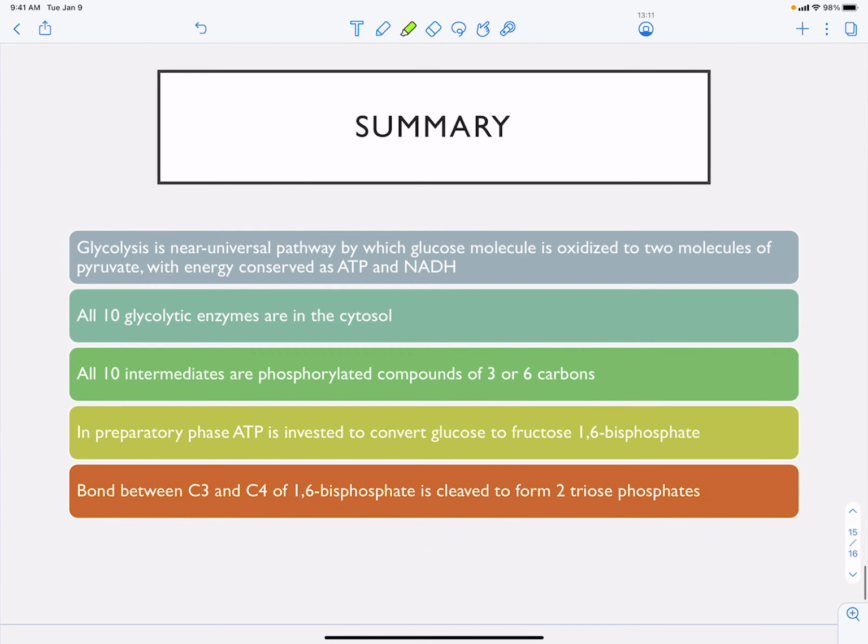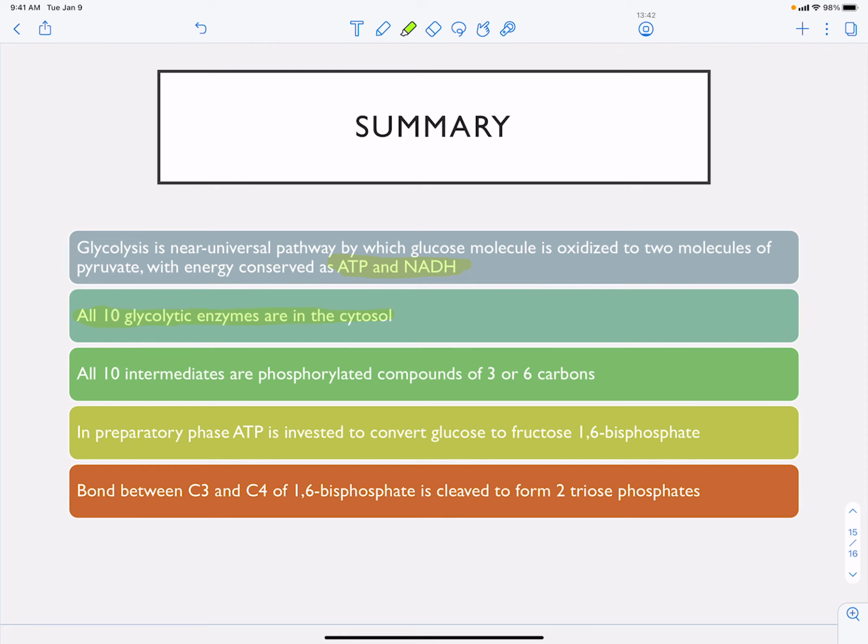So in summary, glucose is going to be a universal path to get ATP for most cells. You're going to generate ATP and conserve energy in NADH to tap into later. All glycolytic enzymes are in the cytosol. This takes place only in the cytosol. You are going to have 10 different intermediates, and you're going to have phosphorylated compounds of 3 or 6 carbons.